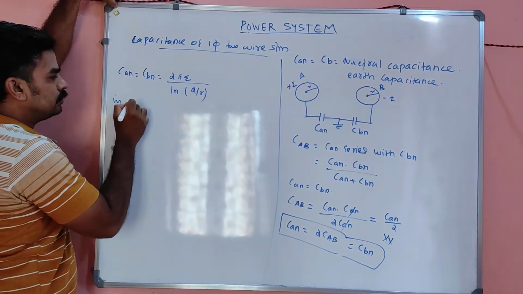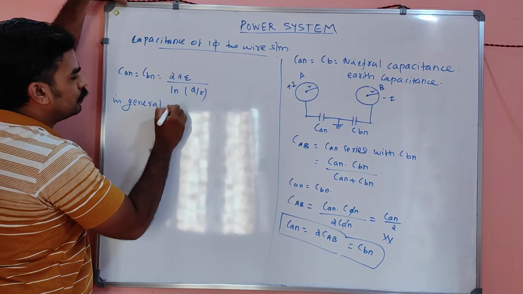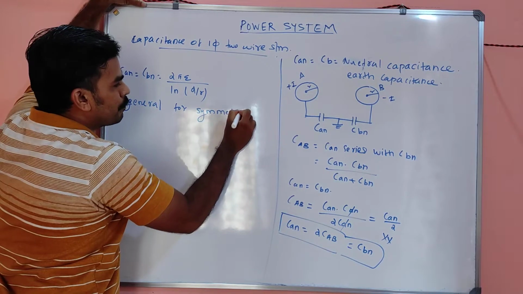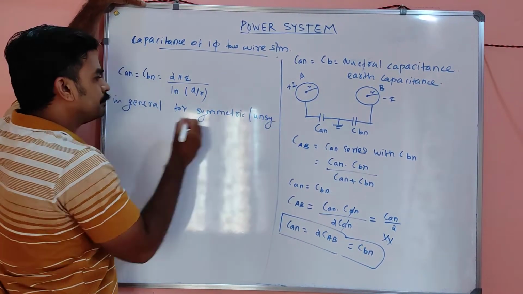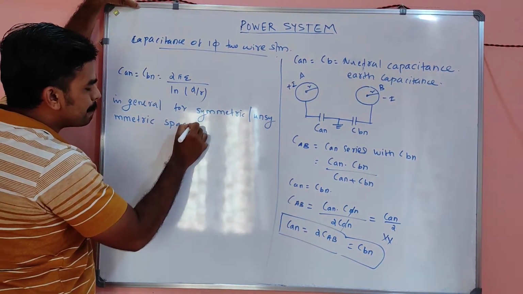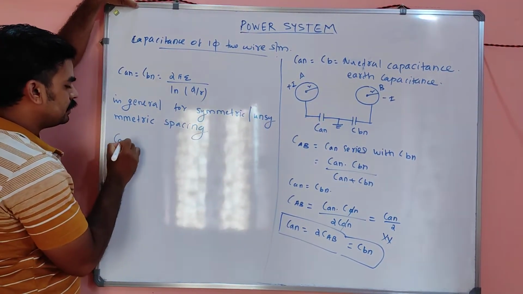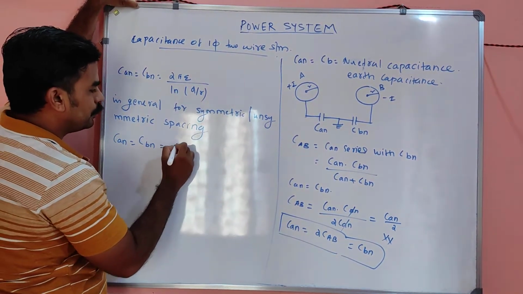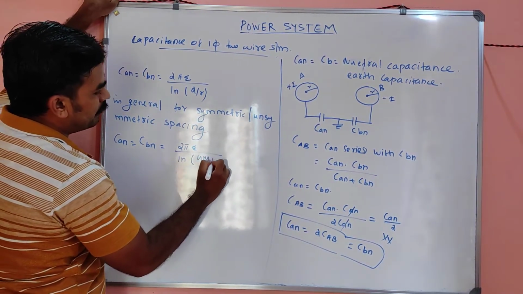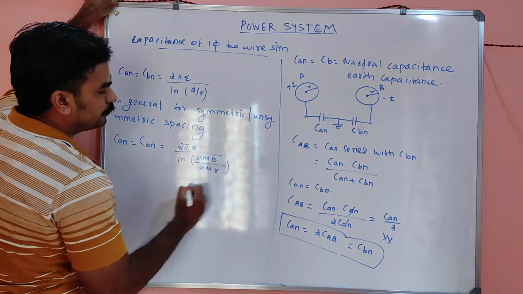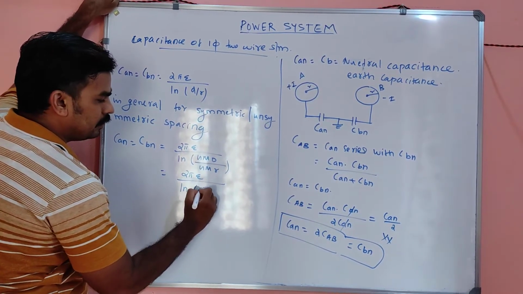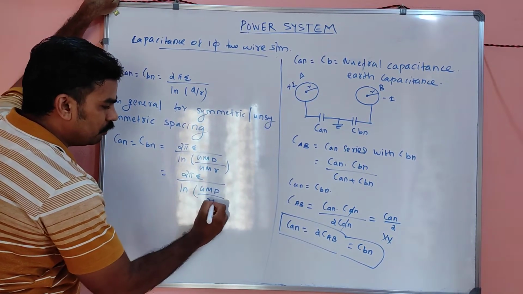In general, for symmetric or unsymmetric spacing, CAN equal to CBN equal to 2 pi epsilon divided by ln GMD divided by GMR, where the GMR is always r itself.